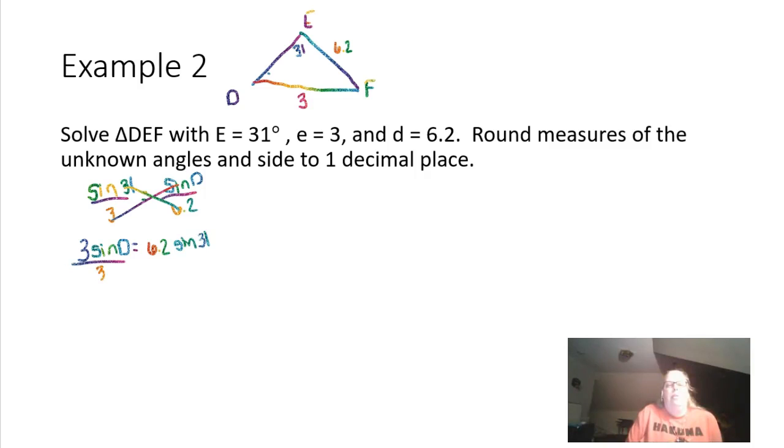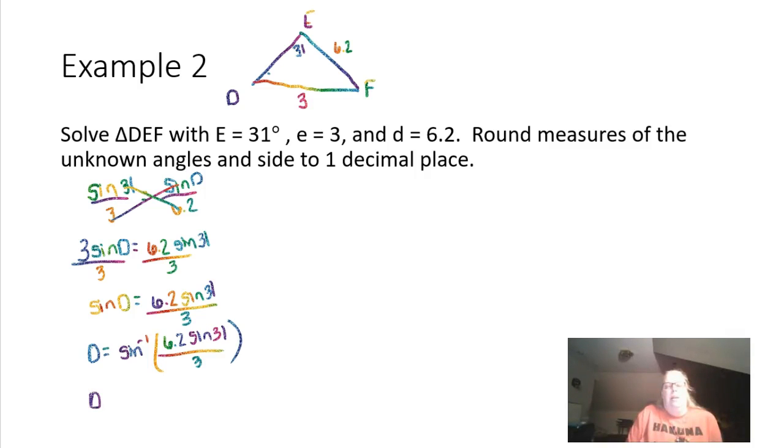Let's divide that 3 away. The sine of D is equal to 6.2 times the sine of 31 divided by 3. That means angle D is equal to the inverse sine of 6.2 times the sine of 31 over 3.